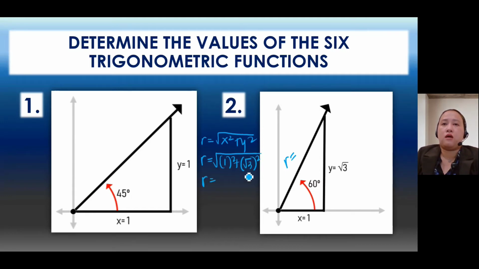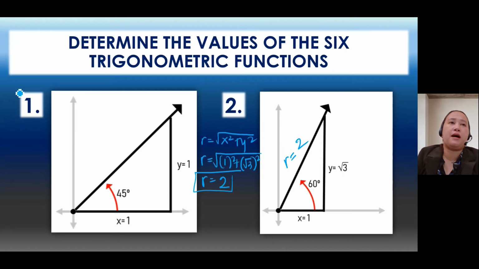So we have 1 plus square root of 3 squared is 3, so 1 plus 3 is square root of 4. So we have r of 2. Okay, so we can already compute. Again, x is 1, y is square root of 3, and r is 2.